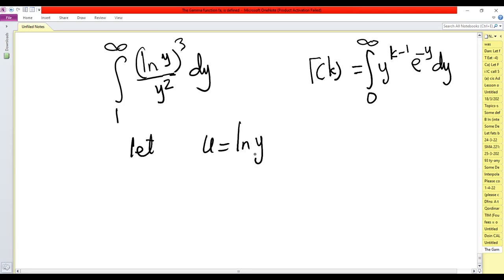Let's fix our u function to be that given part. This means that du will be given by 1 over y dy, which means dy alone will be given by y du.